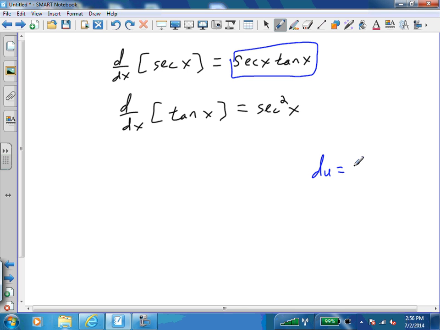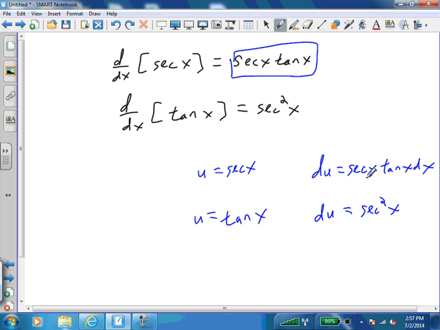If du is secant tangent, that makes u secant. Or if du is secant squared, that makes u tangent. So we need one of those to be our du, because we know what function that's the derivative of.